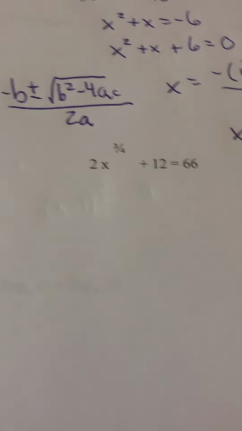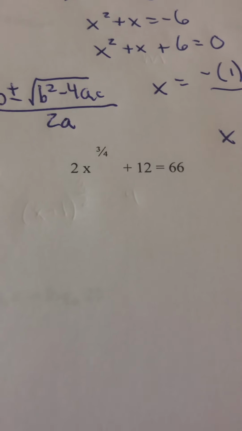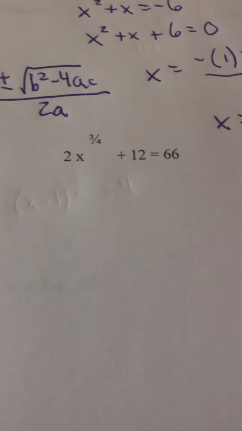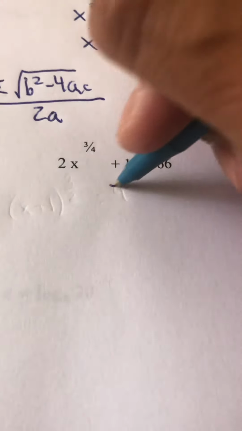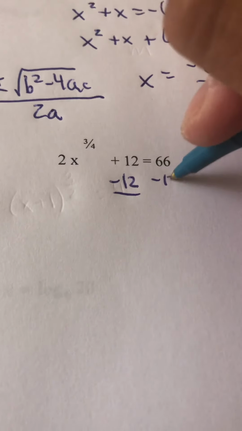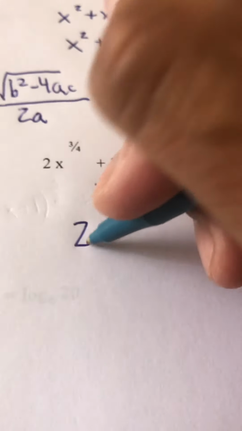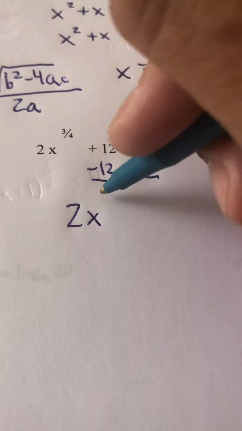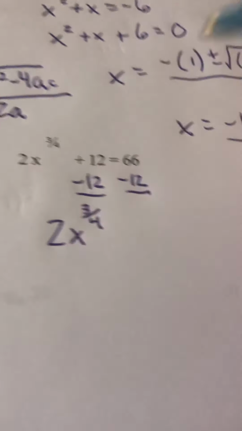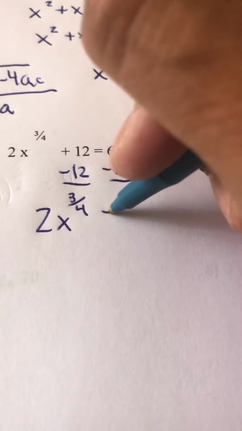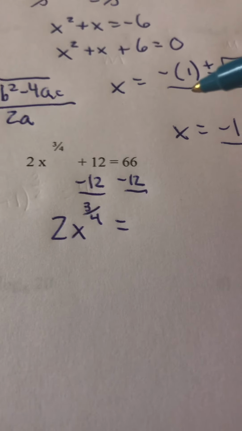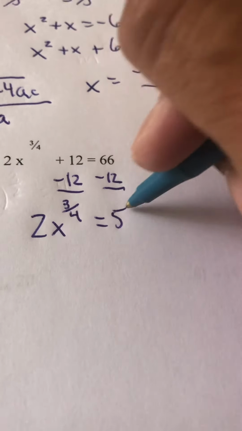The next one, for this one, we're not going to get a common base. We're going to solve this like an equation. I'm going to subtract 12 from both sides. I have 2x to the 3/4, and I should say it's kind of like a linear equation until the last step. Equals 66 minus 12 would be 54.